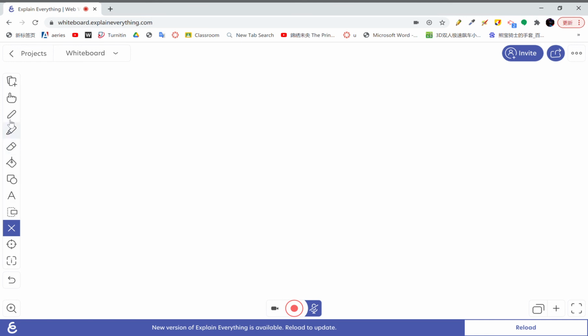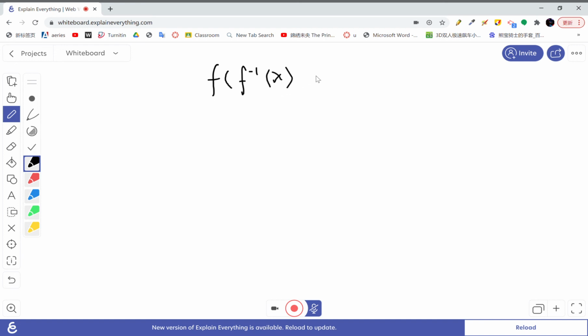So today I'm going to tell you guys a really powerful trick. It's the function of the inverse function of x, and we know that this is always going to be equal to x. I found this by several experiments, so let's see.